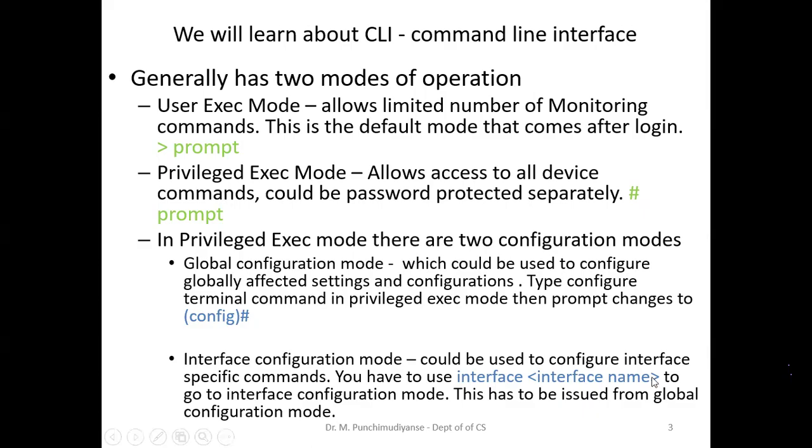Then the prompt will come as config-if, like this with the hash prompt. So these are the four modes that you would see in a typical command line environment of a switch.